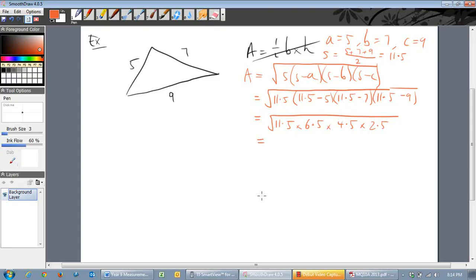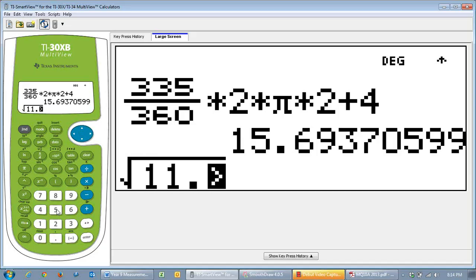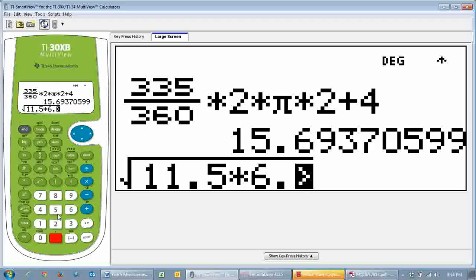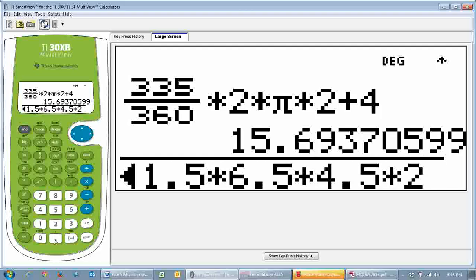Alright. So we'll do this. Square root of 11.5 times 6.5 times 4.5 times 2.5.